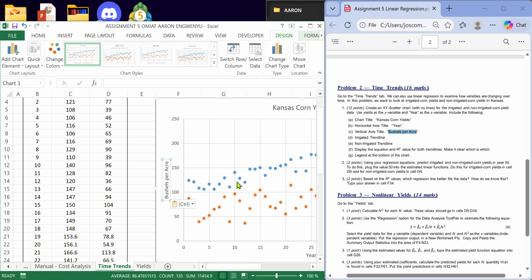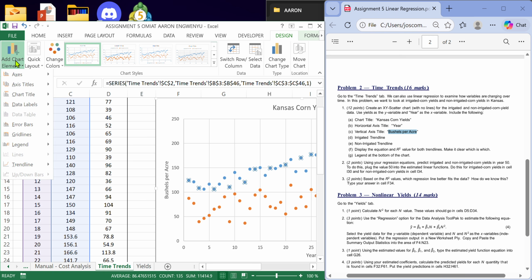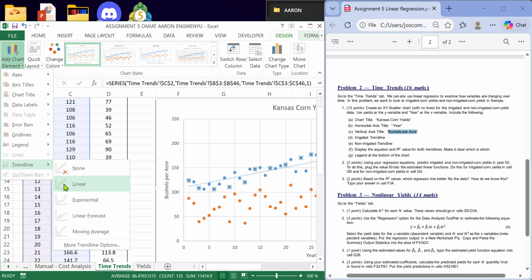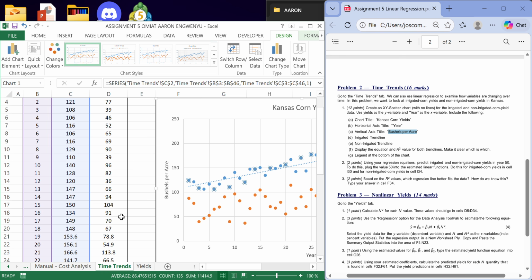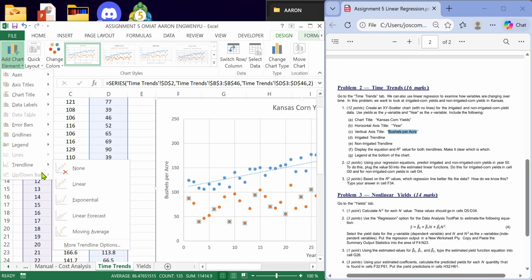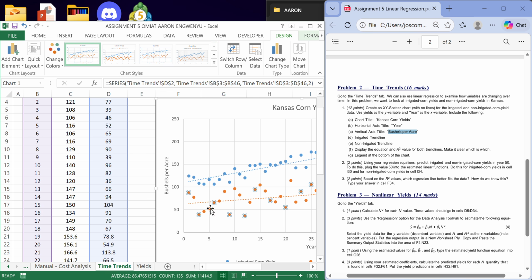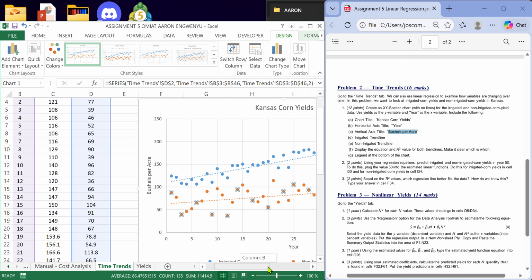You can get a straight line. Now add a trend line. Display the equations for both trend lines.